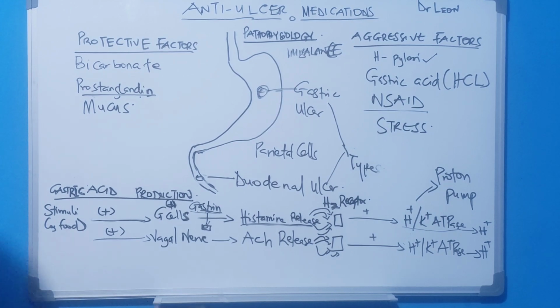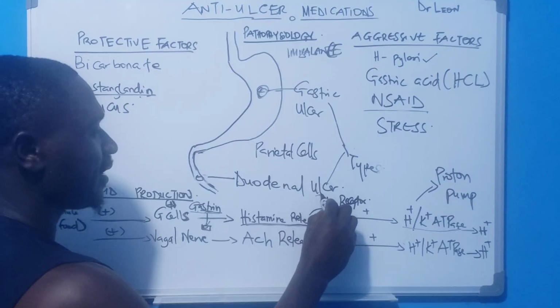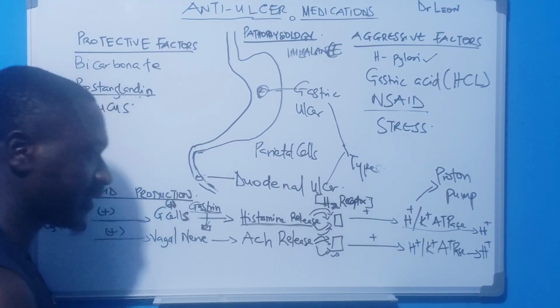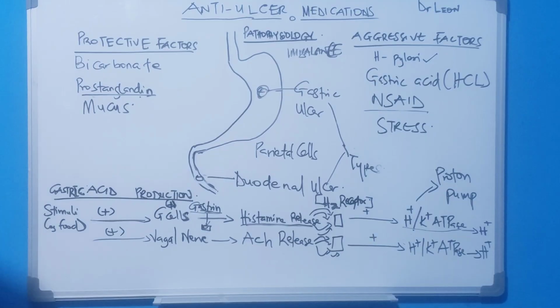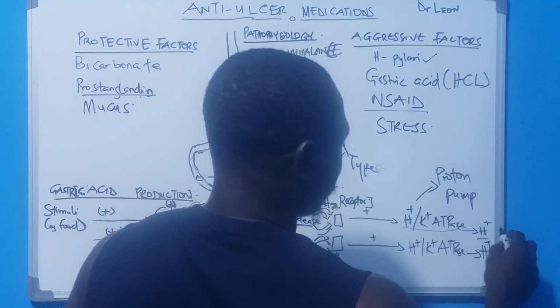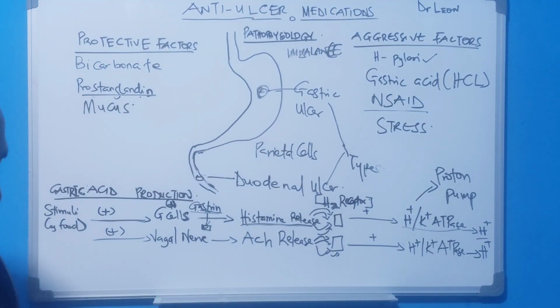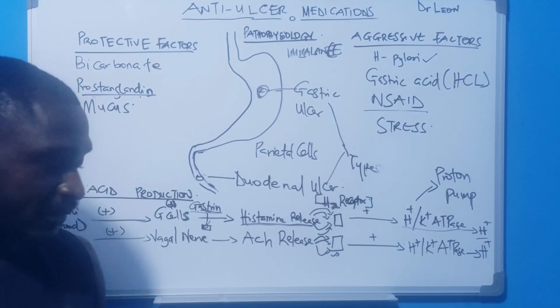And the histamine too will go on to bind to its receptor, and the receptor that it binds is H2 what? Receptors. When it binds to the H2 receptors, what it does is stimulate this proton pump to produce what? Acid.